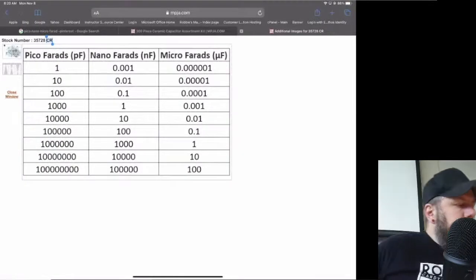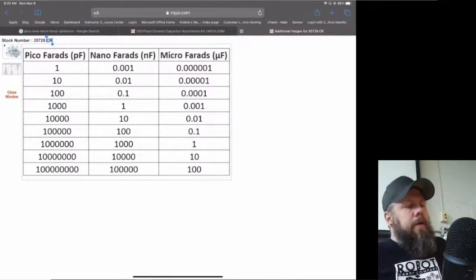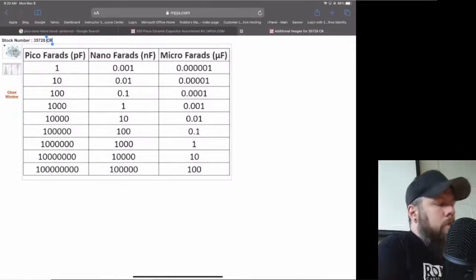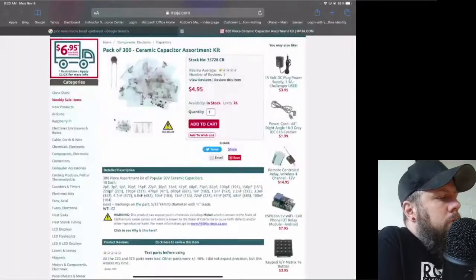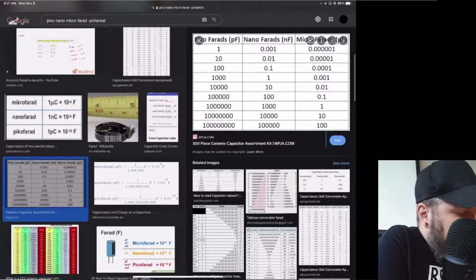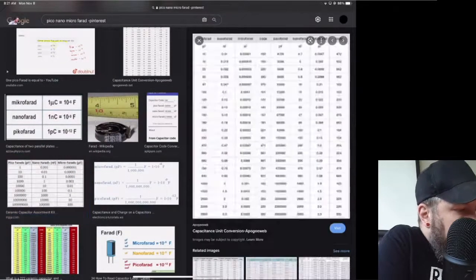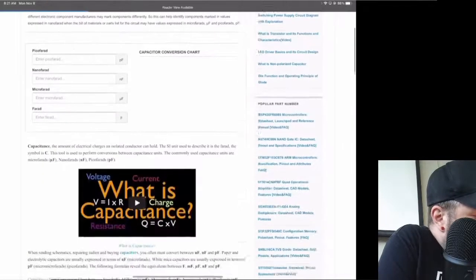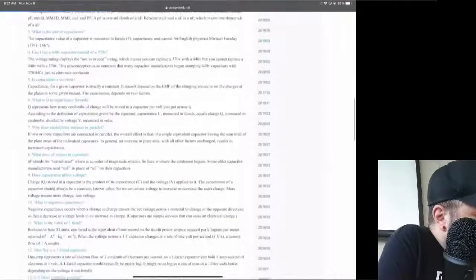Okay. That one takes us to micro, but we need to put it in terms of farads, right? So let's find one that actually has farads.